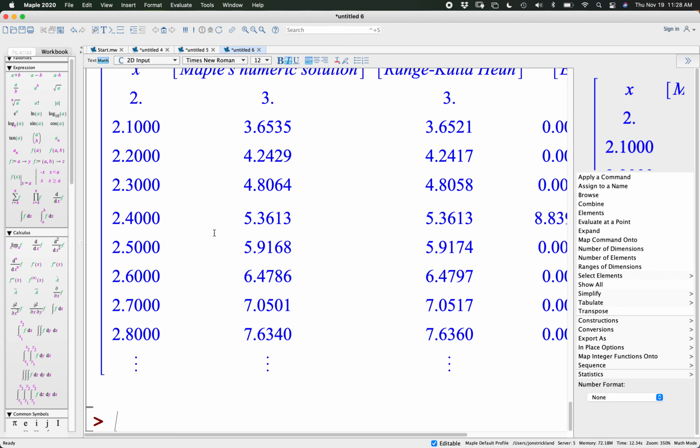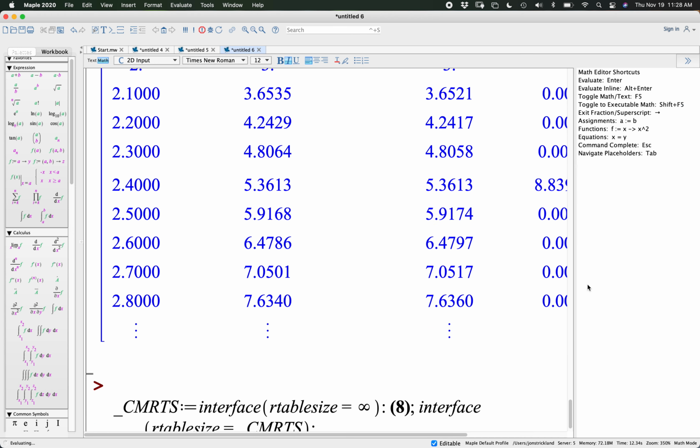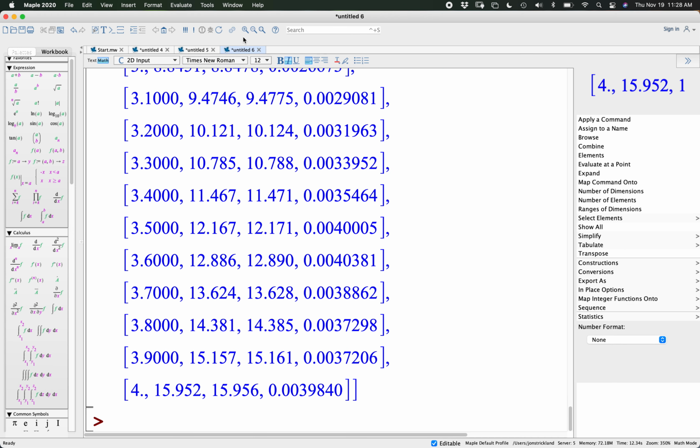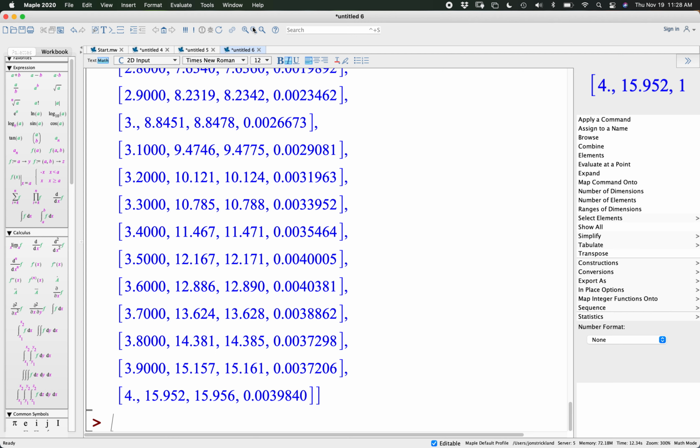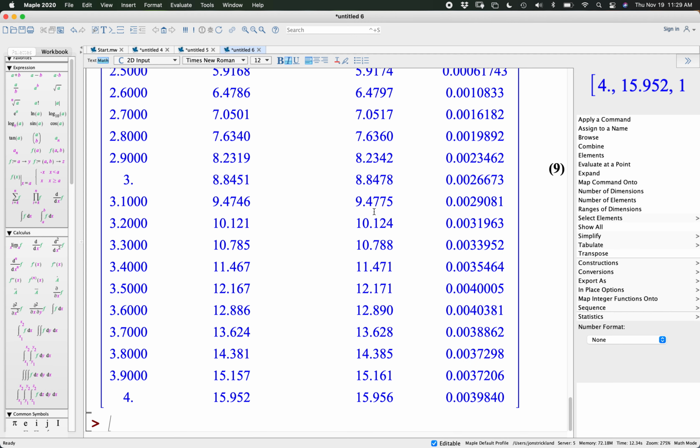And then we have returning, and since we're going out to x equal to 4, if I show all, in this one with the improved Euler, that is going to be 15.956.